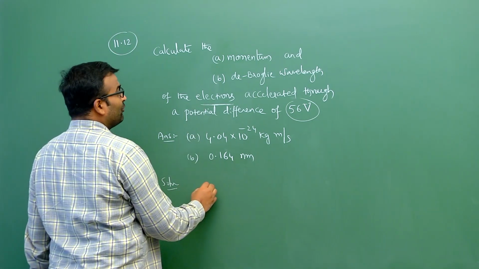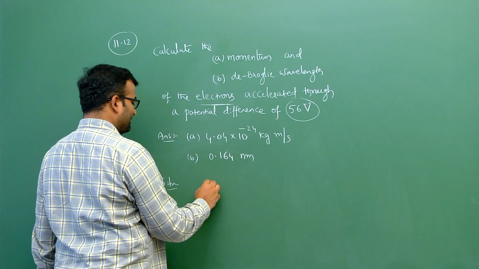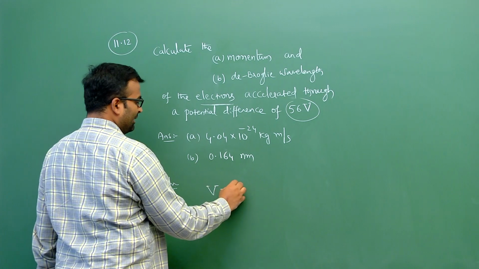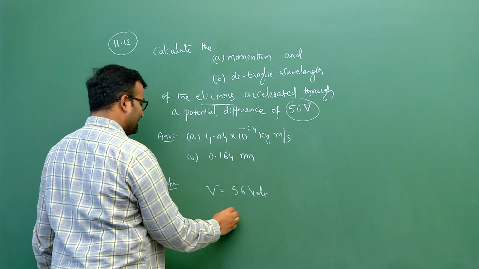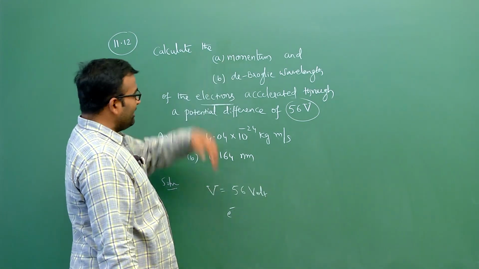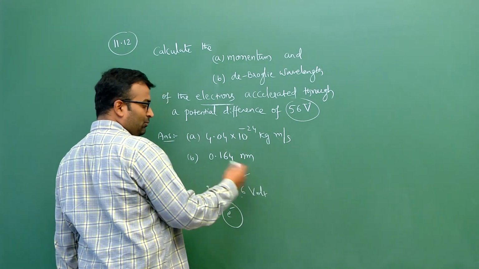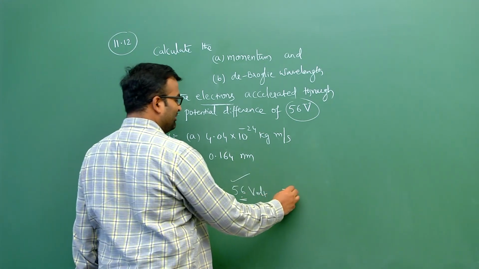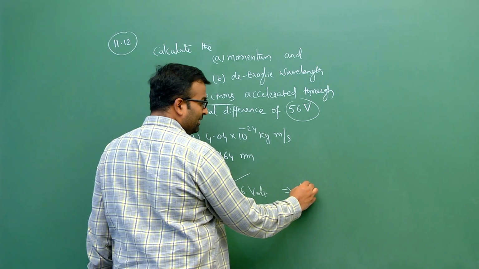So we have been given the potential difference. If capital V is 56 volts and it is an electron, how can I get the momentum for the electron if it moves under this potential difference? Immediately we can recollect the formula.